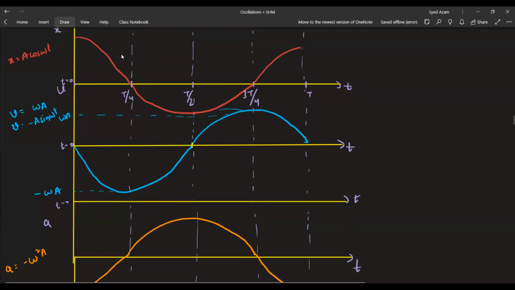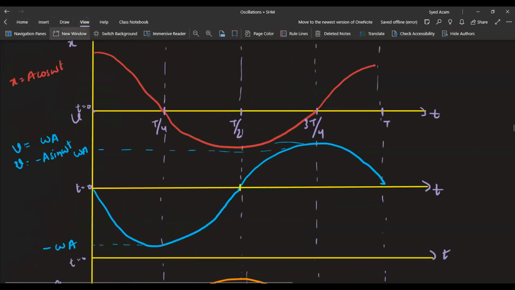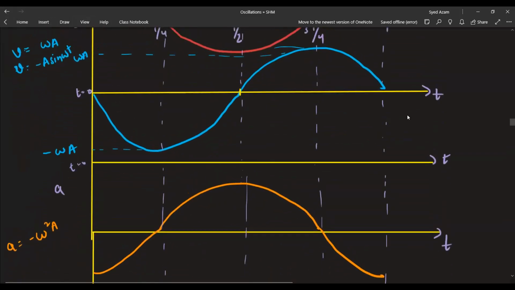No. Can you scroll up? All of you have completed? Ali, Jesleen, Shaima, can we move forward?